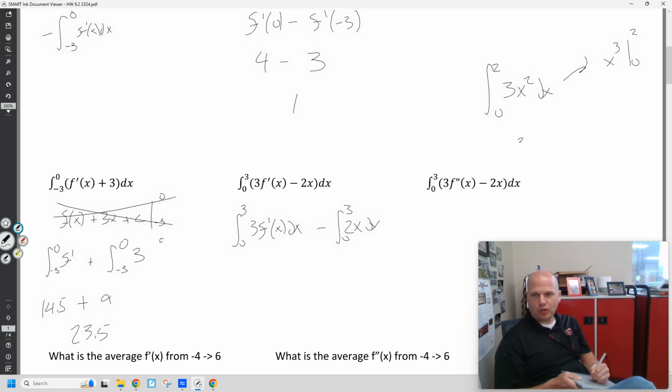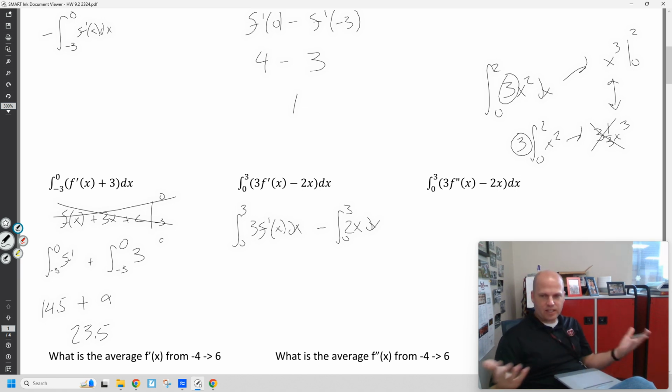Well, if I pulled out the 3 and just kind of not worried about it, and I took the antiderivative of just x squared, I would have 1/3 x cubed. But throwing this 3 back into place, that 1/3 and the 3 are going to go away. So these are equivalent. They're equal to each other. We're good. So for the antiderivative method, it doesn't help us to pull the 3 out.